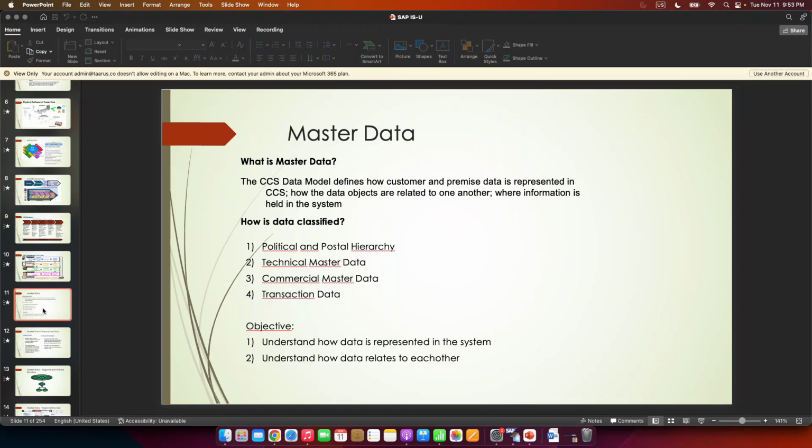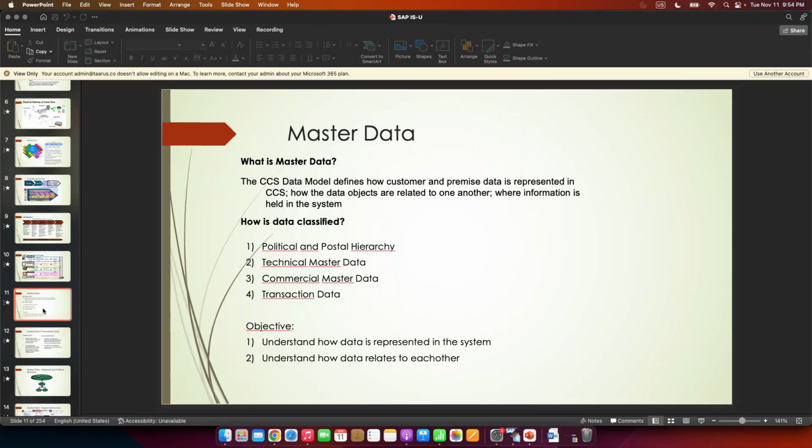But when it comes to utilities, it has its own master data. One is your org structure, that is your enterprise structure. By default, you have to have it.